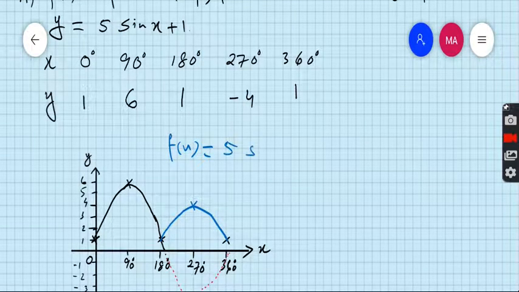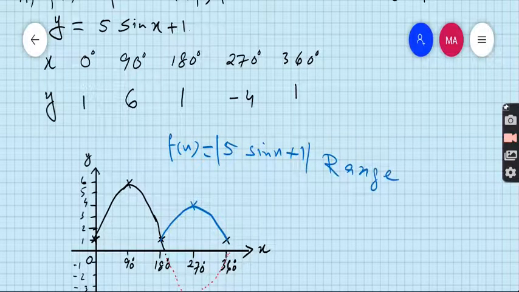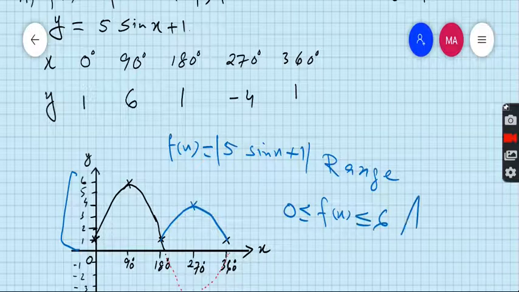And you can see the range is from 0 to 6 because the graph starts from 0. This is the answer of part H.